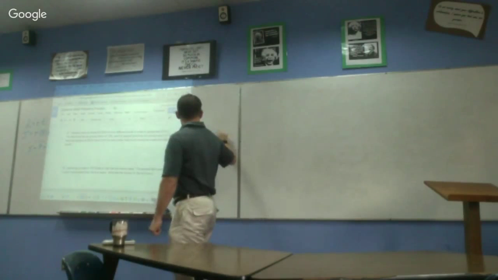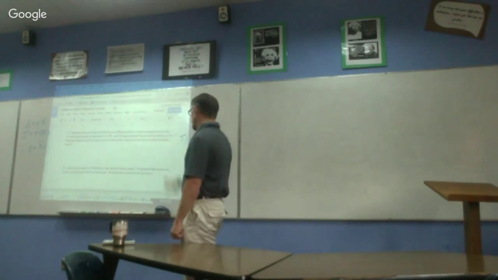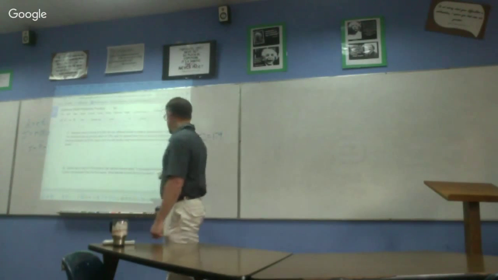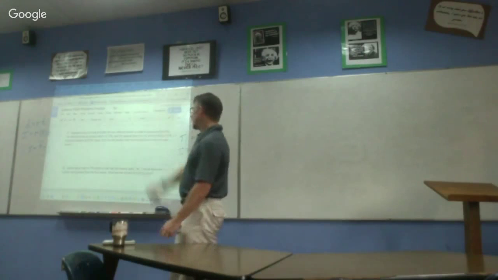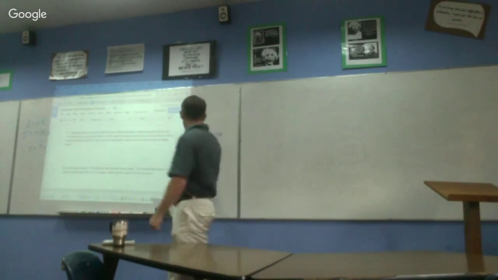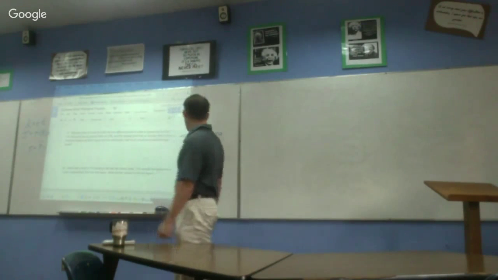The second test, T2, equals a 7-point improvement from the first score. Improvement means what? Plus. Because he improved, it's going up. So, second score is T1 plus 7.